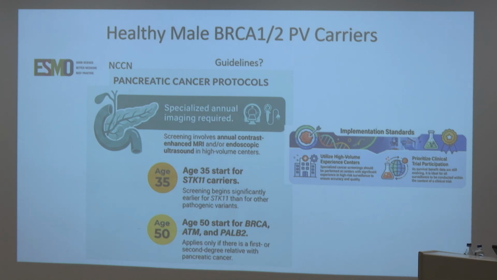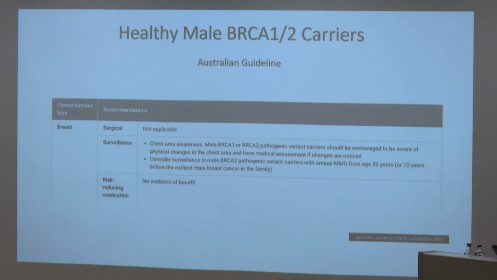If they have a family history with the BRCA2 mutation, plus if they are 50 years old, you can start screening with abdominal MRI plus endoscopic ultrasound. Australian guidelines do not recommend, like the other guidelines, any surgical prophylactic mastectomy or risk-reducing medication.